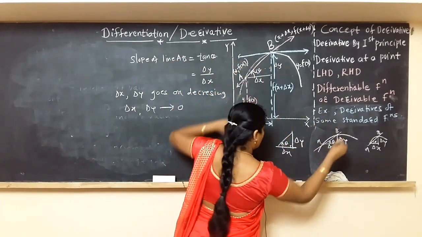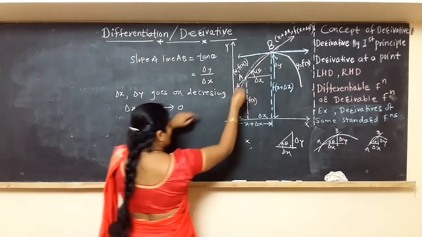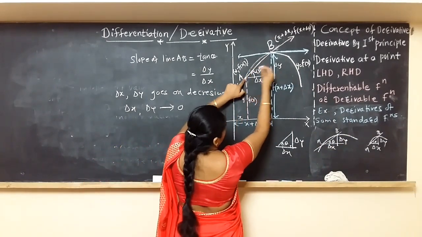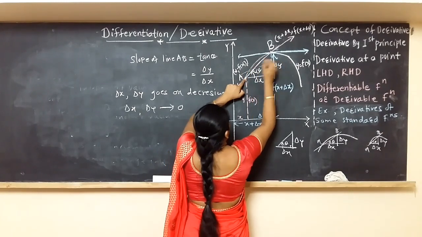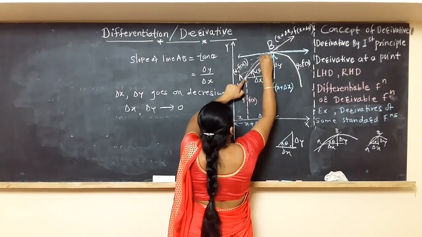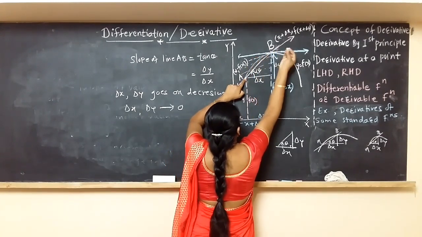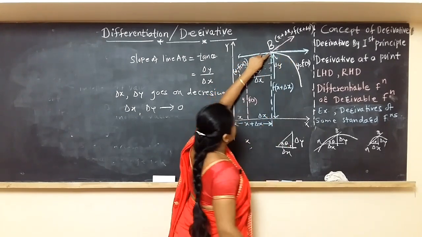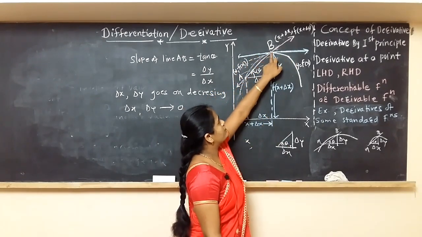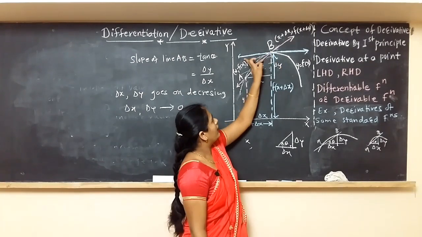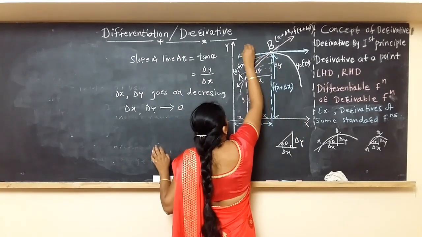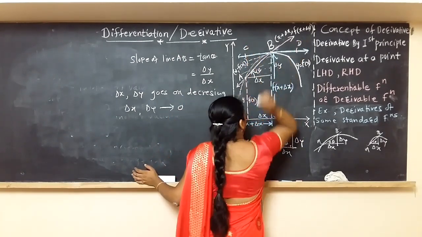If we observe the diagram, we go like this, and in the limiting case this line AB overlaps with this line we denote by CD.